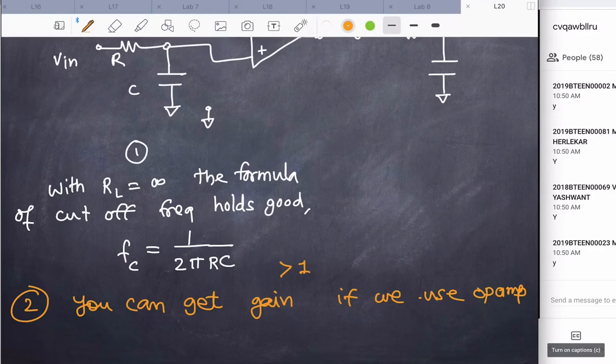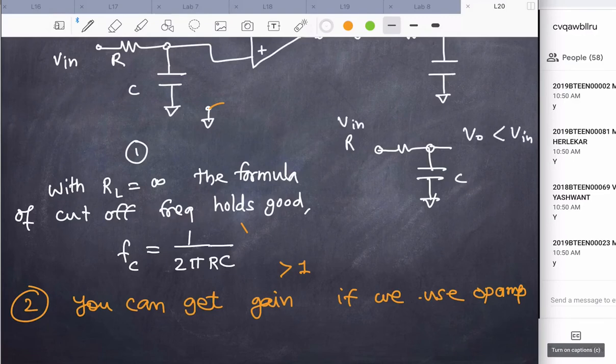If you use only an RC circuit, suppose I use only R and C, then VO will always be less than V in, because these are passive components.